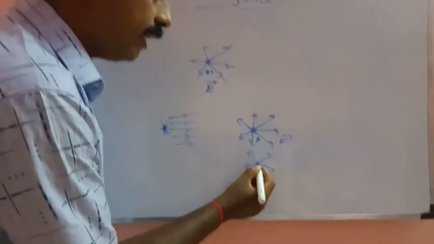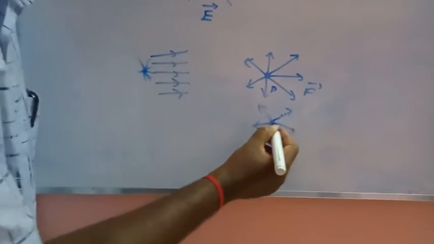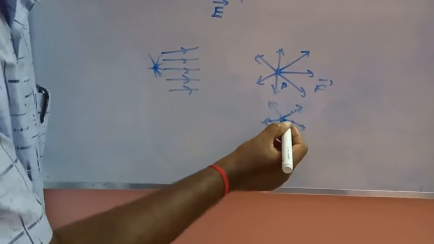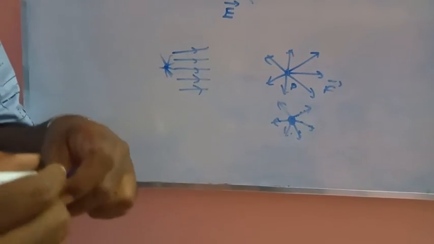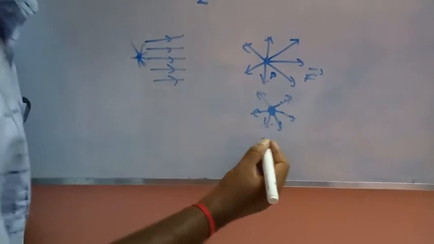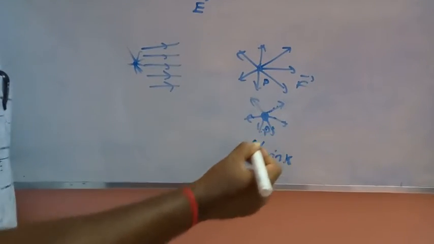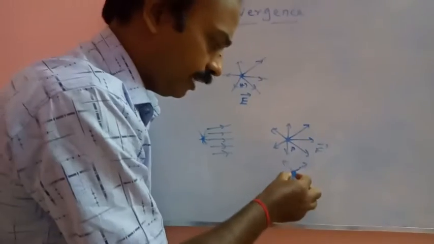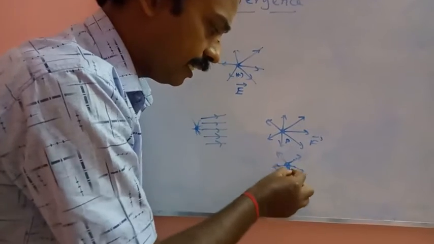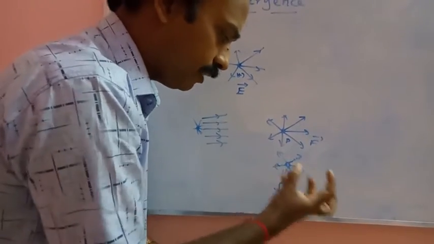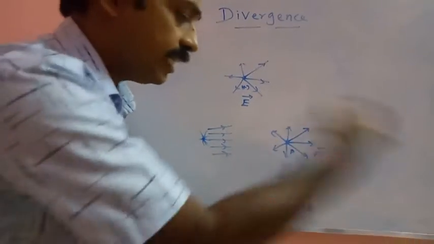See here, when you are spreading out, the volume increases. When you are considering this point, the volume shrinks to zero. The point P, whose volume shrinks to zero, but when you are moving away from the point, the volume increases.